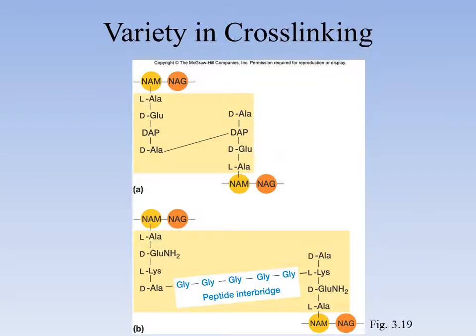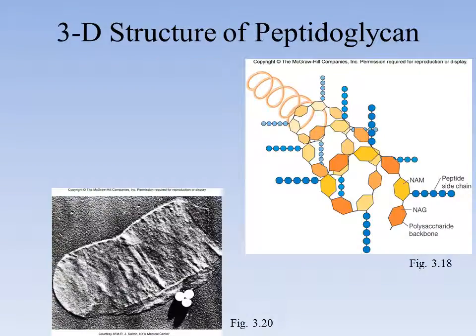Now, if we expand outward and look at the three-dimensional structure of peptidoglycan, we'll see that it's actually not just a straight chain. It forms a helical shape. So our NAM and NAG, that polysaccharide backbone, if you look over here in figure 3.18, we have our alternating NAG and NAM in the same orange and yellow colors. That's going to curve over and form this helical shape itself.